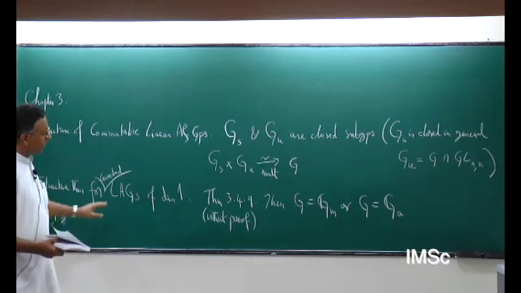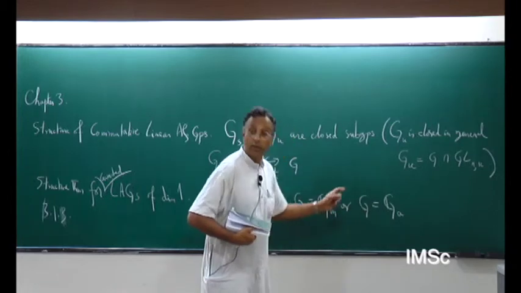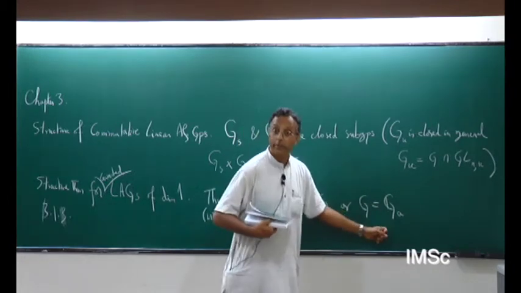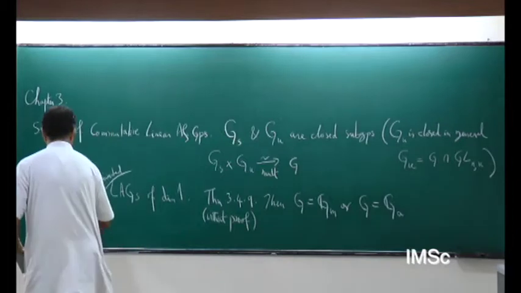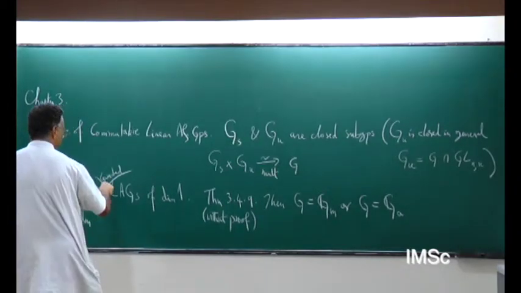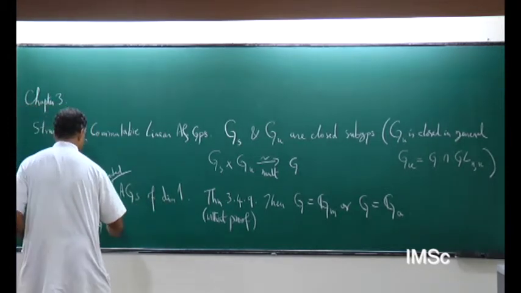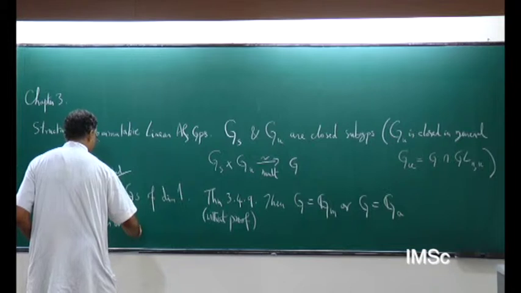But among the things, if this is the theorem, then at least you have to show that G is commutative, because these two are commutative. So we are showing that if G is a connected linear algebraic group of dimension 1, then G is commutative, and all this we have shown.